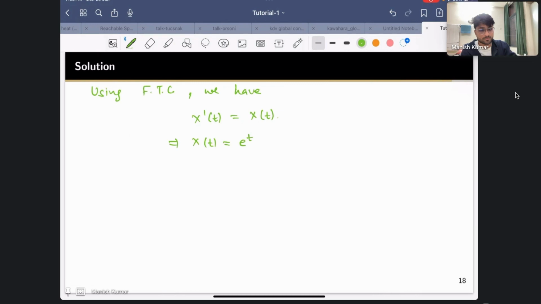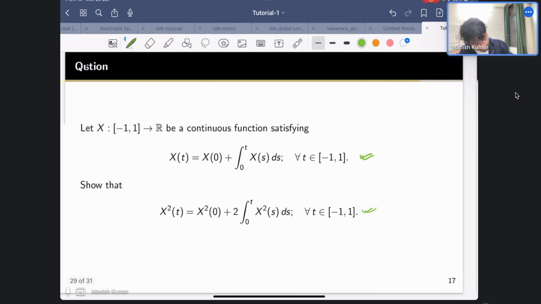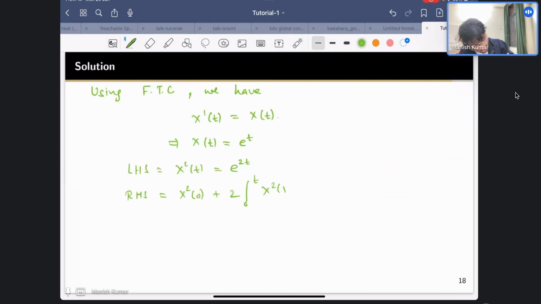Yes. So now let us take the LHS. LHS is x squared of t, which is e raised to the power 2t, and RHS is x squared of 0, and then you have 2 times the integral from 0 to t of x squared of s ds.